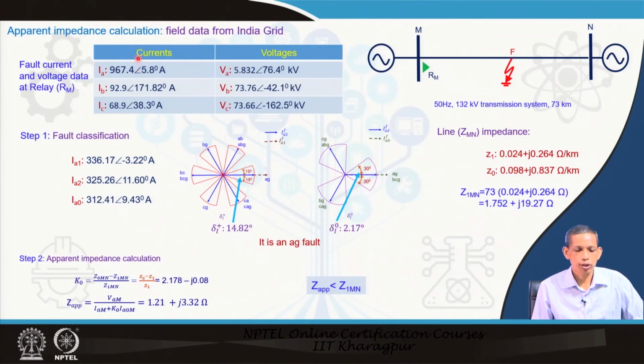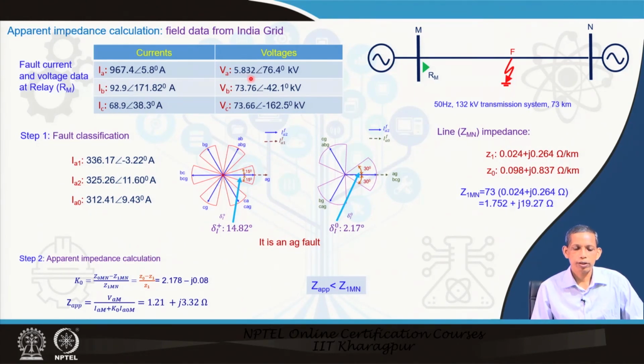For the situation, fault data are available; the relay recordings provide it. So, the fault current at the relay is IA having 967.4 with an angle of 5.8 degree, IB having 92 point this and IC having 68.9 ampere.